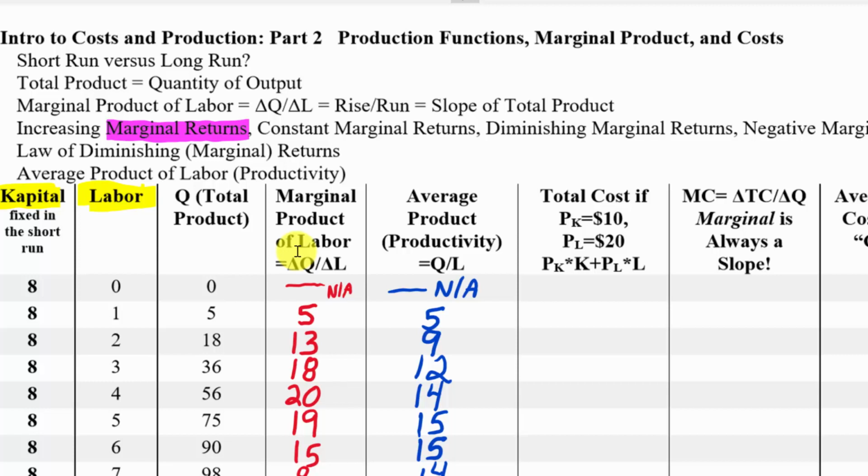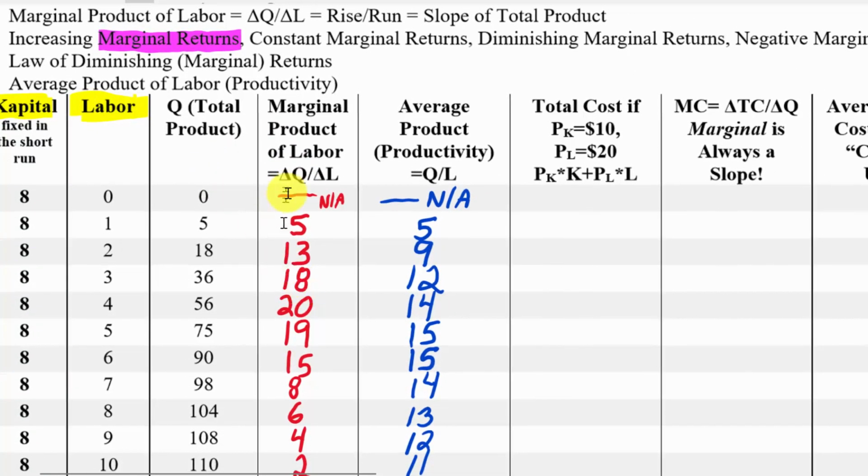What's happening to the additional output? Now, if, as we go down this marginal product column, we see the numbers getting higher and higher and higher, that's what we call increasing marginal returns. So we see increasing marginal returns here as we go between 1 to 2 to 3 to 4 units of labor.